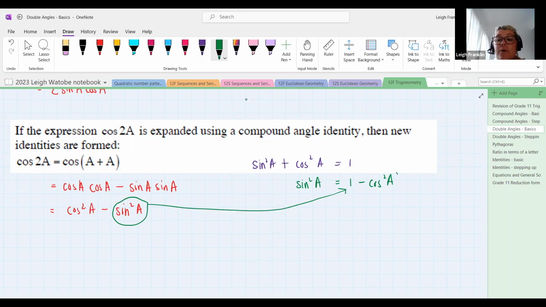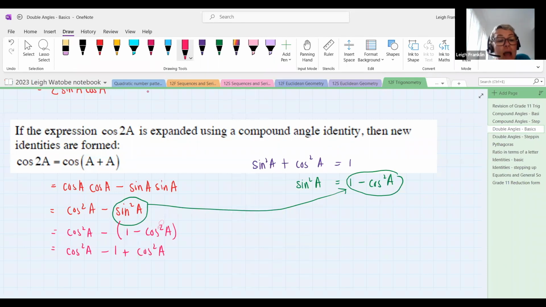In other words, I'm going to substitute in 1 minus cos squared A for sine squared A. I end up with cos squared A minus, in brackets because I am substituting, 1 minus cos squared A. Removing the brackets, I've got cos squared A minus 1 plus, because a negative times a negative is a positive, cos squared A. And cos squared A and cos squared A are like terms.